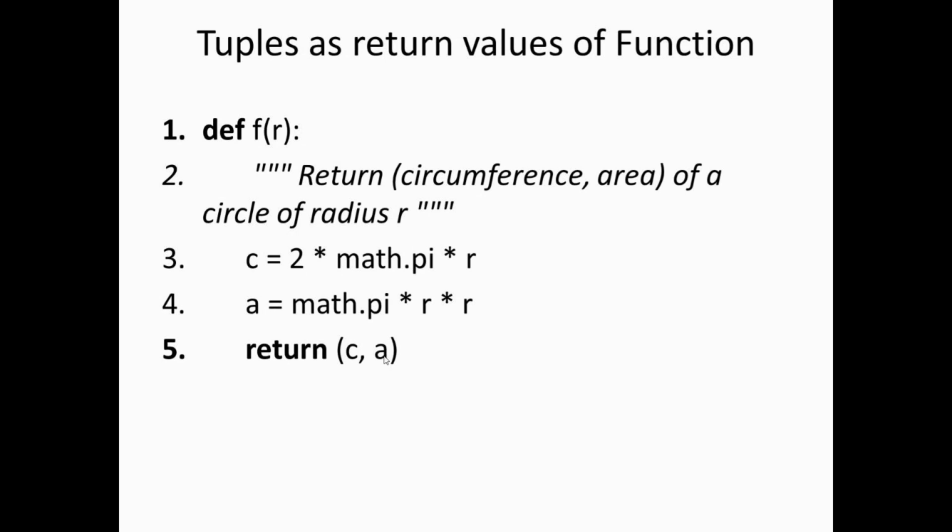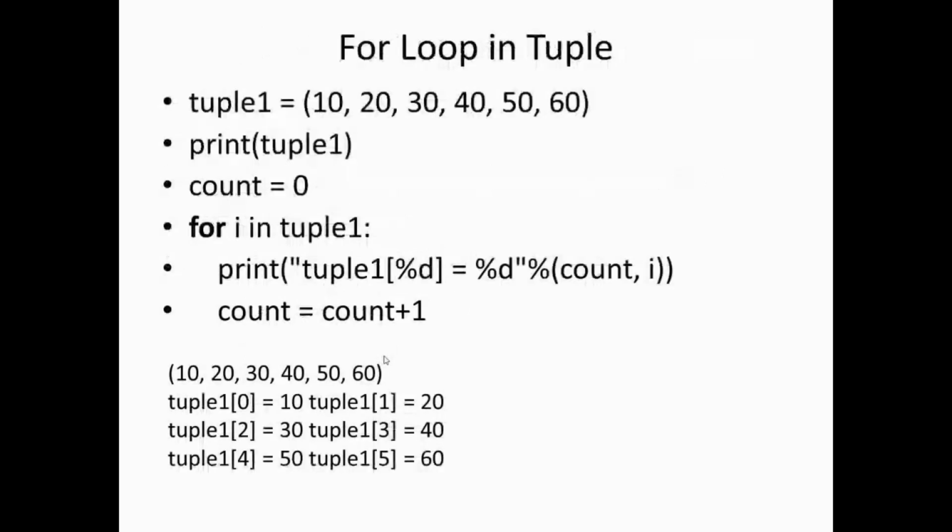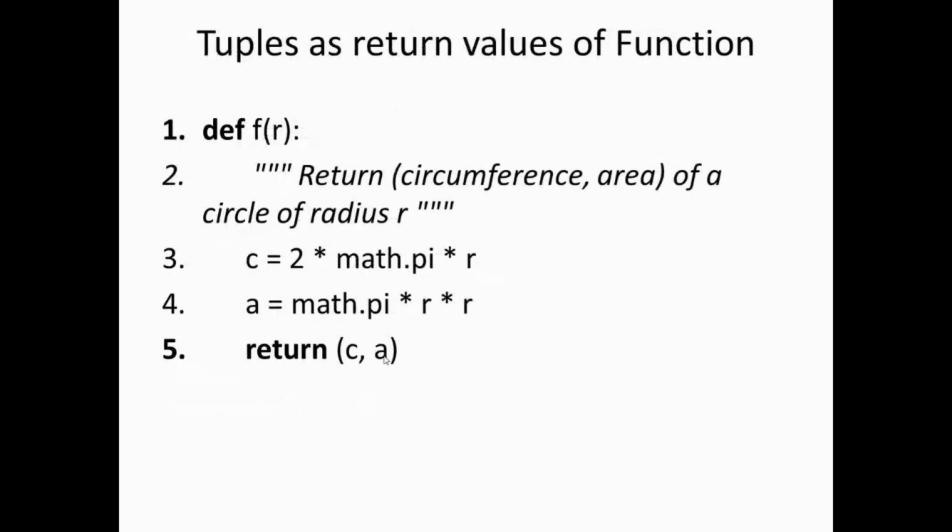And c and a will be returned as a tuple. That's why tuple got its importance. Both circumference and area, we can return using a tuple. That's why the tuple data structure has a scope in Python.